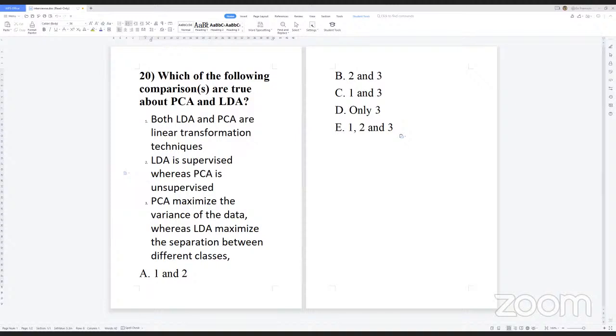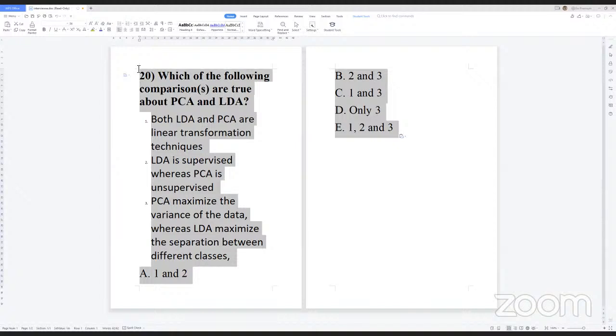All the comparisons of LDA and PCA in this question are true. The answer would be E. Okay, we'll go for the next question.